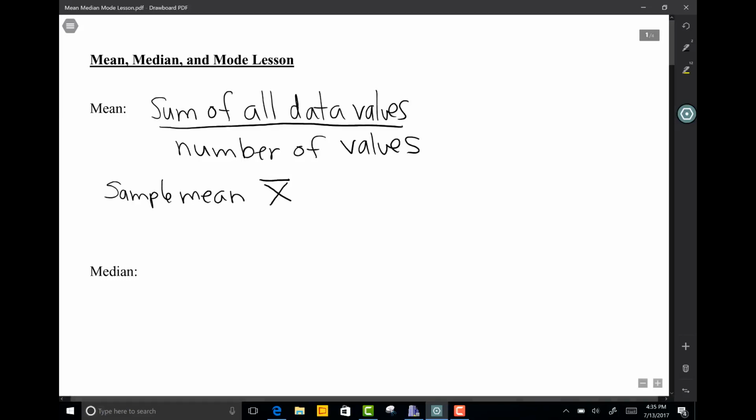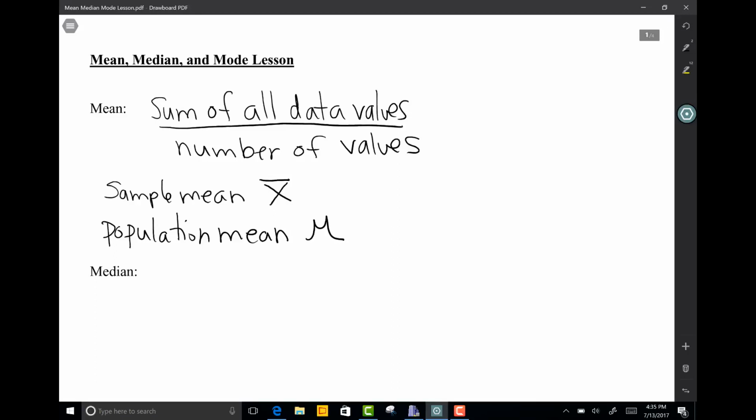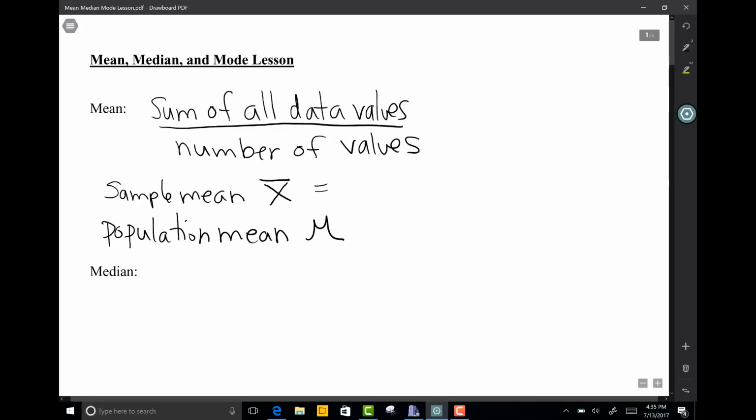The population mean, the symbol for that is a fancy M, and you say it as mu. This is if you had access to the entire population and you find the mean of everybody in the population. To find the sample mean, you add up all your data values.